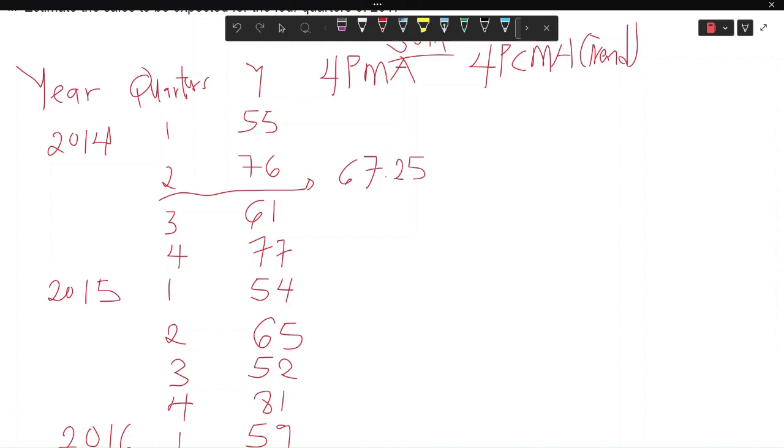Then the next one is 76 plus 61 plus 77 plus 54, divided by 4, giving us 67. Next one is 61 plus 77 plus 54 plus 65, giving 64.25.